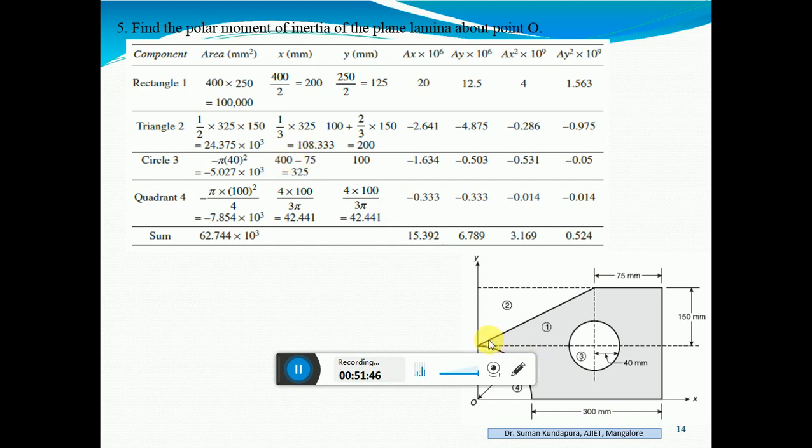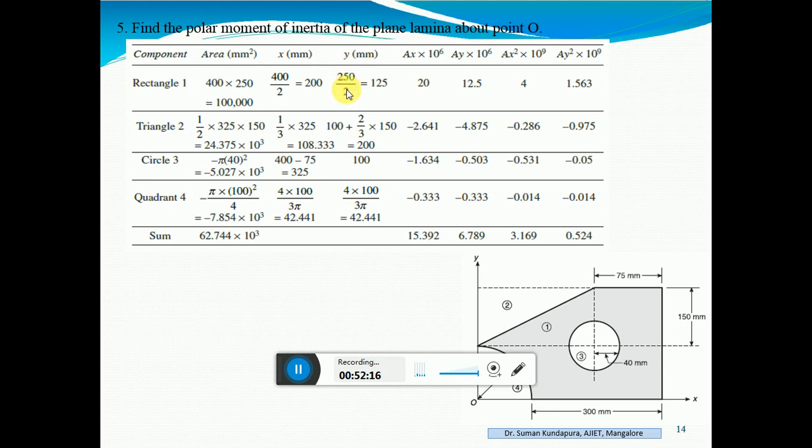We have already found that this edge is coinciding here, it is 325. For the quadrant with respect to the y-axis, somewhere here the centroid will lie, that is 4r by 3 pi, where r is 100. Find out that value.